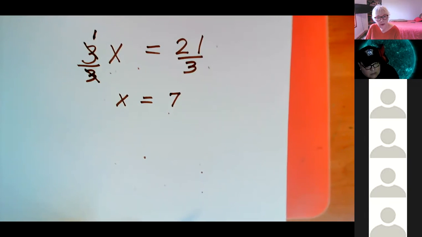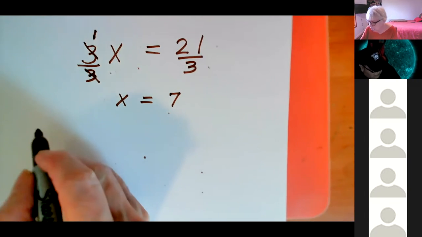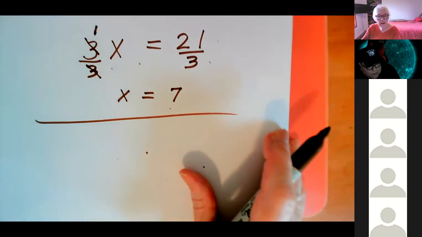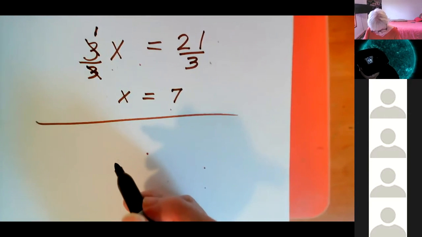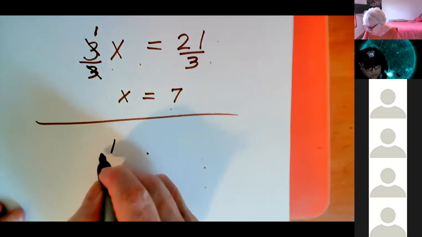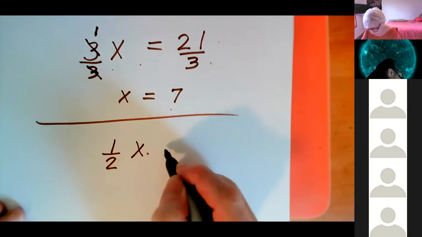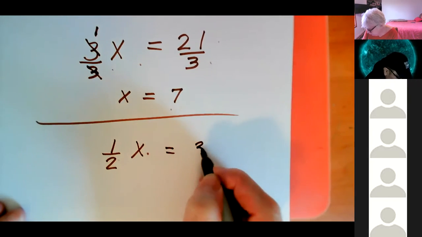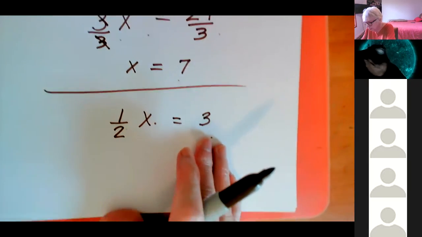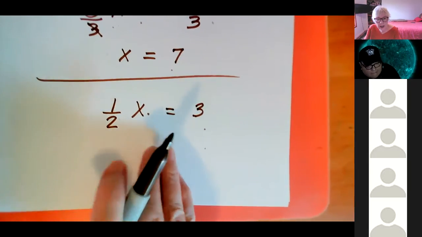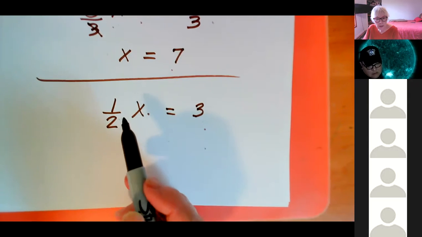Now, sometimes you have a fraction instead of a whole number here. And so I want to look and see. This is similar, but of course it's a fraction, and we have kind of attitudes about fractions.